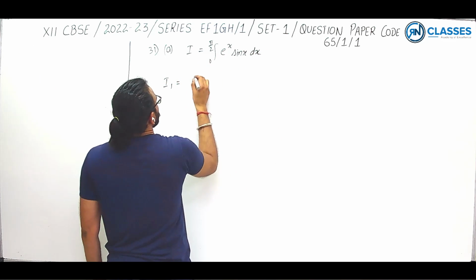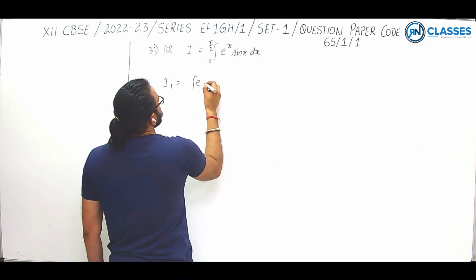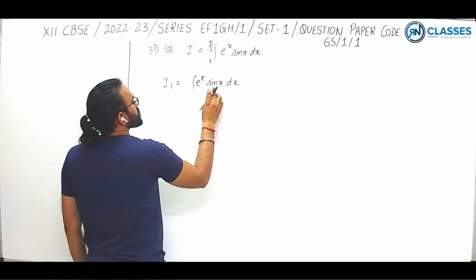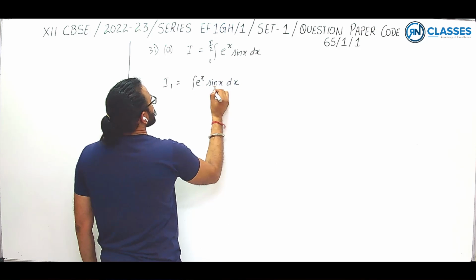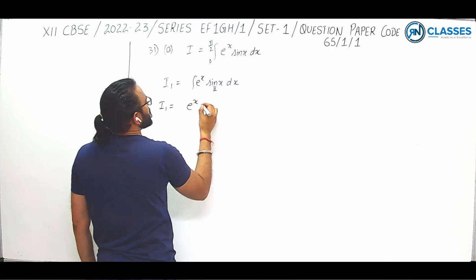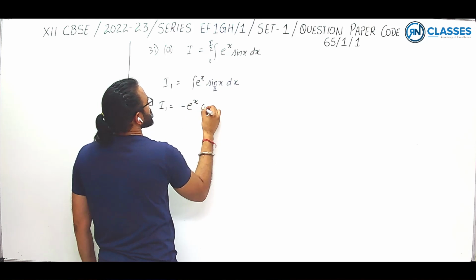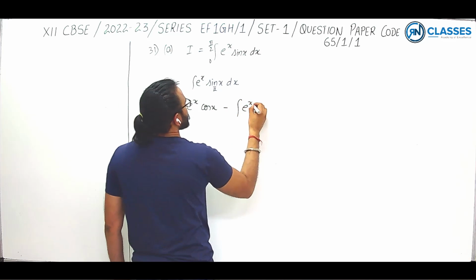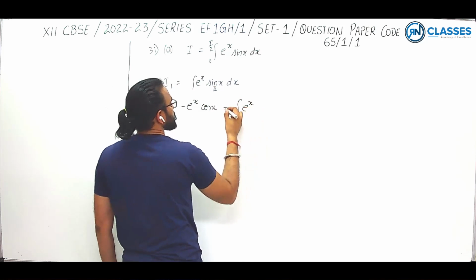I will consider the indefinite integration as I1 of e power x sin x, and since this is a product of two functions, I will treat sin x as the second function, applying integration by parts. This turns out to be first function as it is, integration of second, that is minus cos x, minus whole integral derivative of first, that is e power x, integration of second, minus cos x, so this becomes plus.